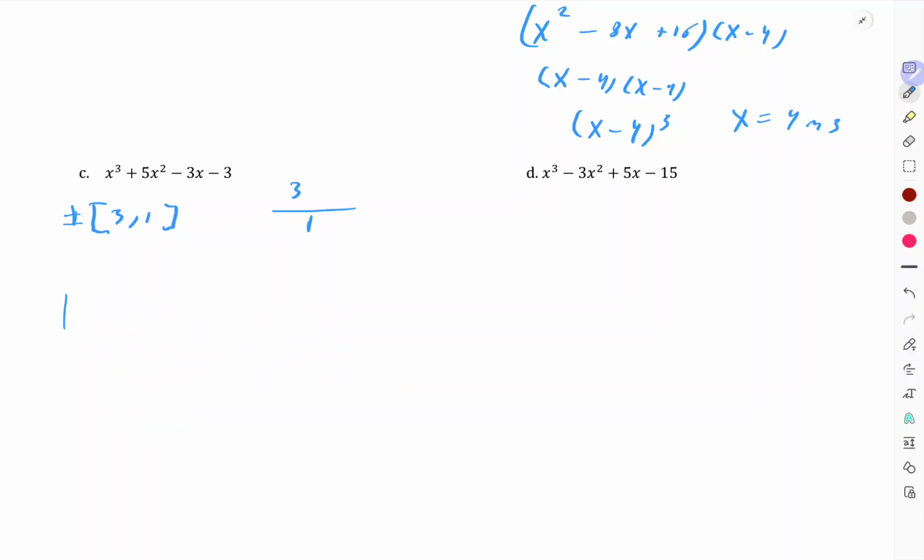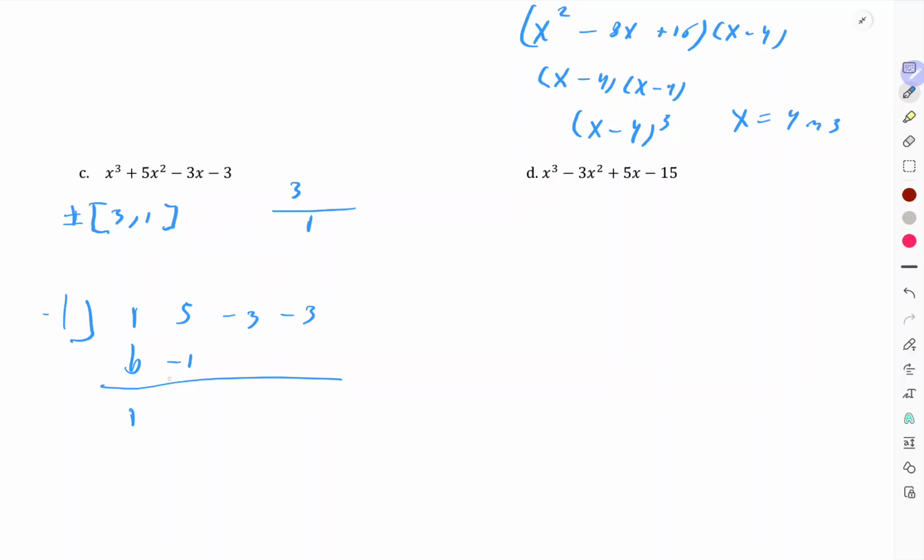Alright, let's see what I did wrong. When I plugged this into the magic man, I realized that I actually didn't solve it right. So let's go for it again. 1, 5, negative 3, negative 3. Bring it down. 1, negative 1.